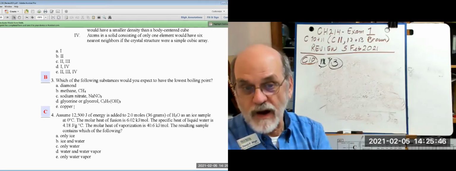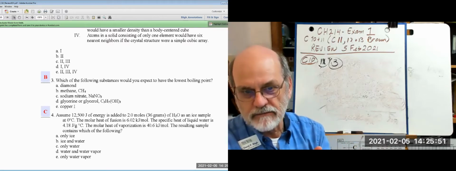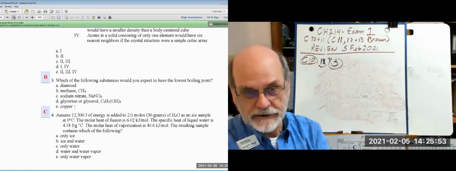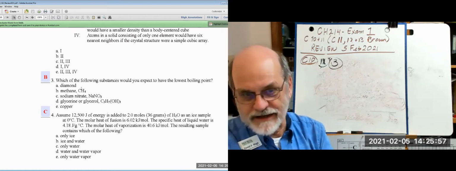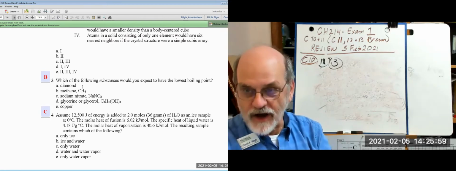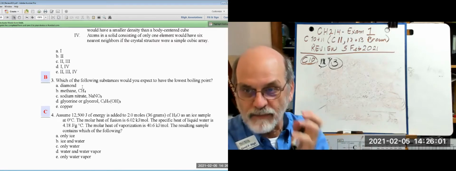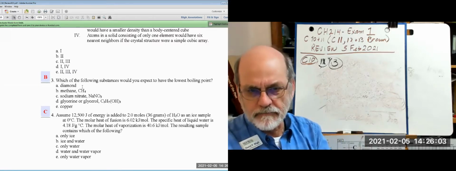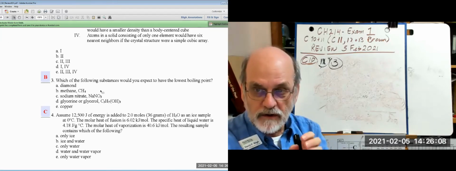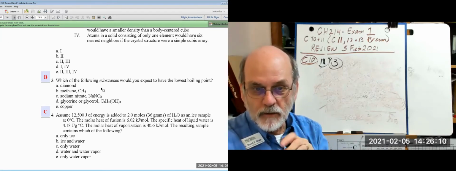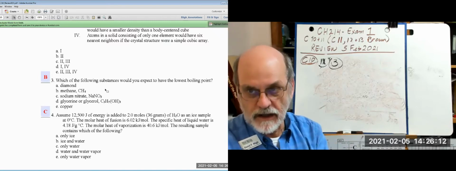which are the strongest bonds? Well, take it from bottom to top. Copper has metallic bonding. That's reasonably strong. Diamond, it takes a lot to boil diamond because all of the network is covalent bonding. Very strong. Methane. Methane is a nonpolar symmetrical molecule with only possibility London dispersion forces.